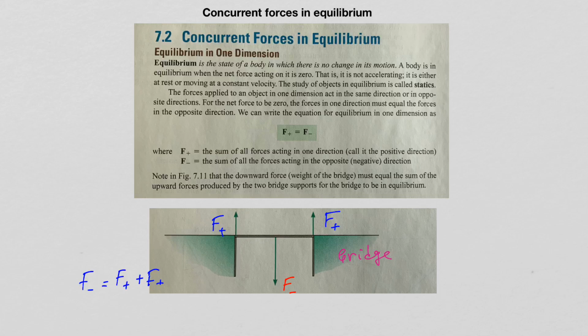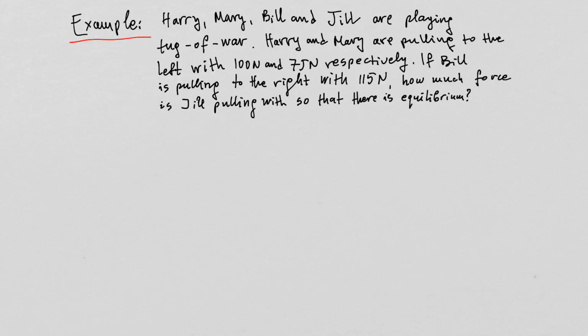And we can also reverse the statement and say that if an object is in equilibrium, that means that the sum of all forces acting in one direction must be equal to the sum of all forces acting in the opposite direction. Let's apply the principle of equilibrium to the following example.